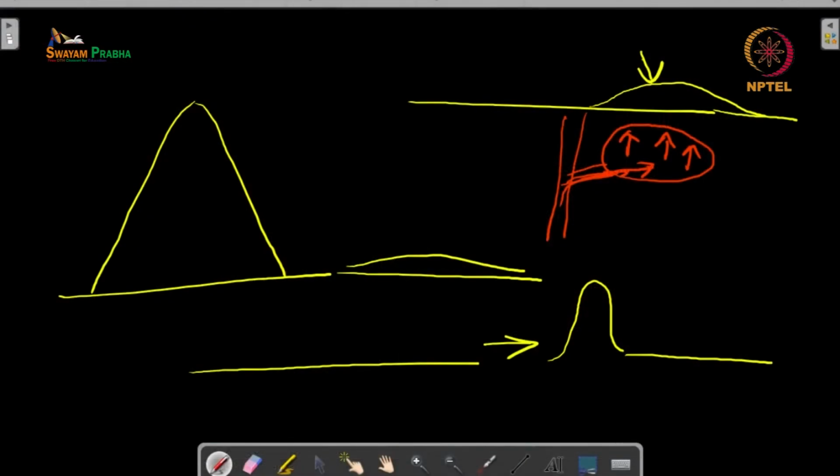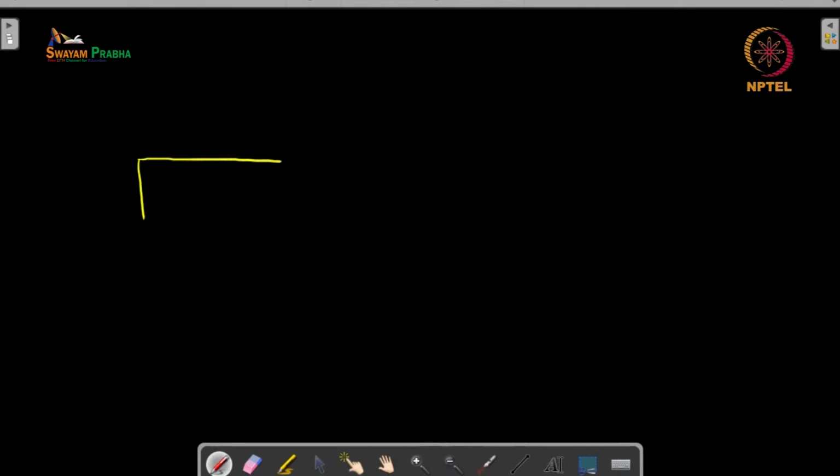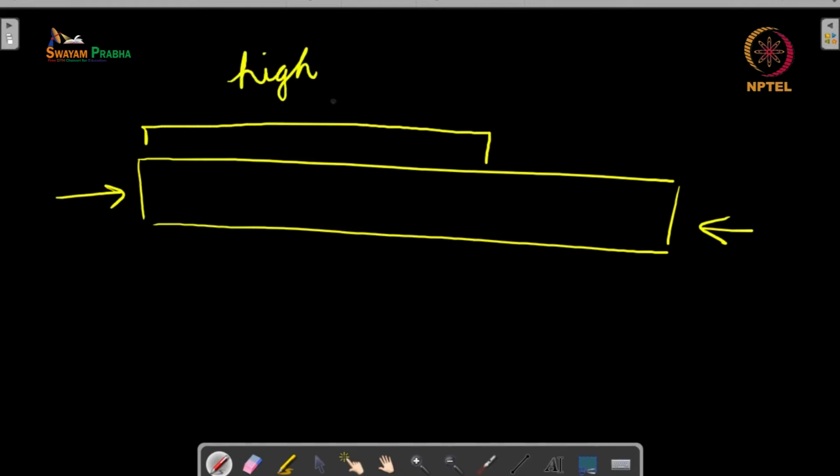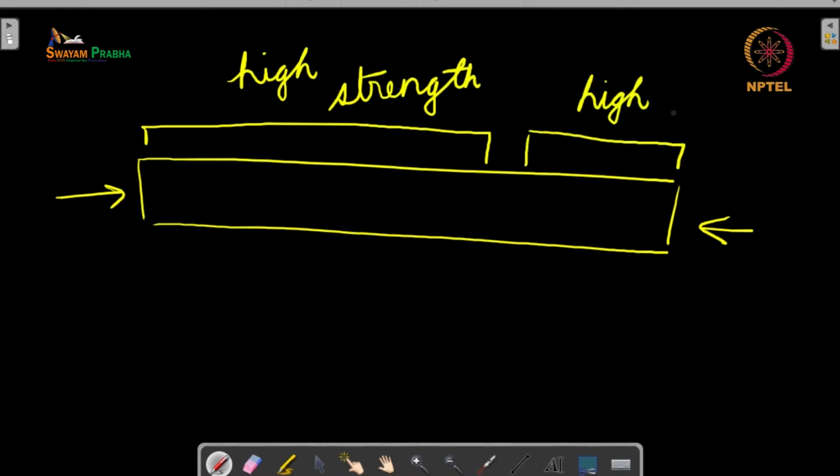So, for instance, if we have the crust like this, and there is a force acting on both sides, then it is not that everywhere you will get a fold or everywhere you will get a fault, because it is possible that this region has a high strength. Similarly, this region also has a high strength. But probably this region has a low strength.